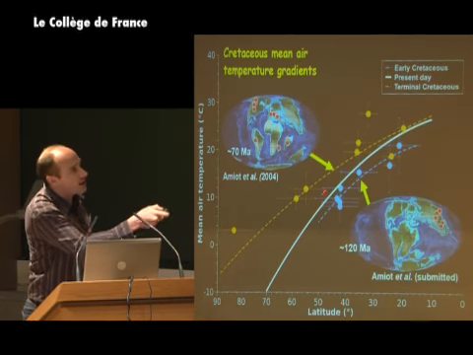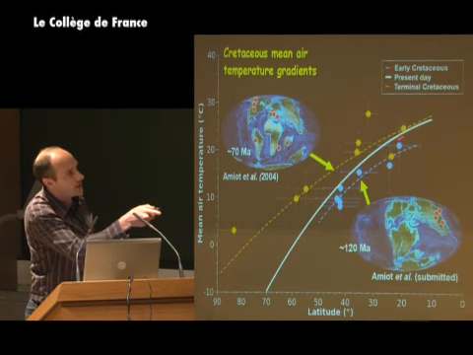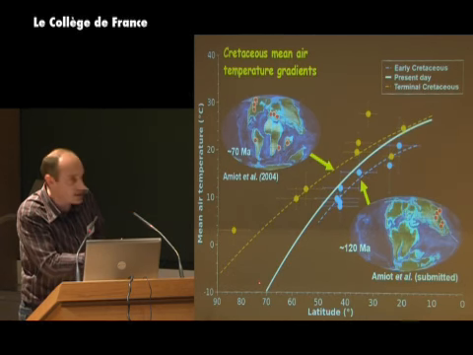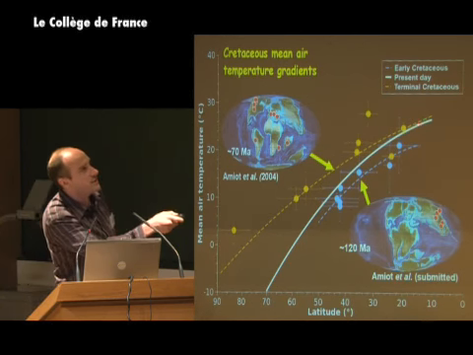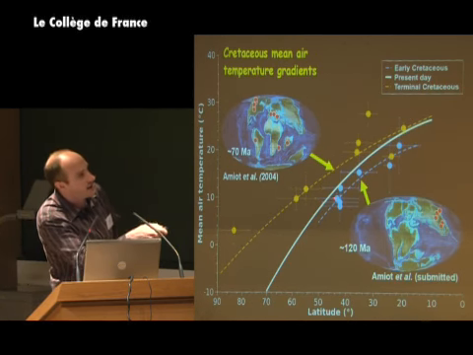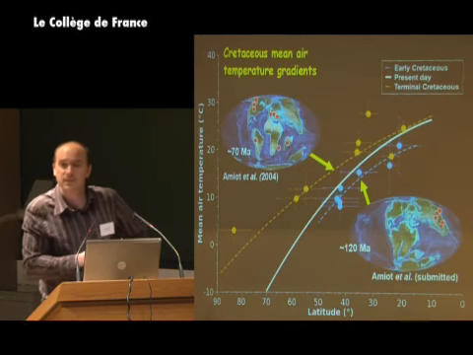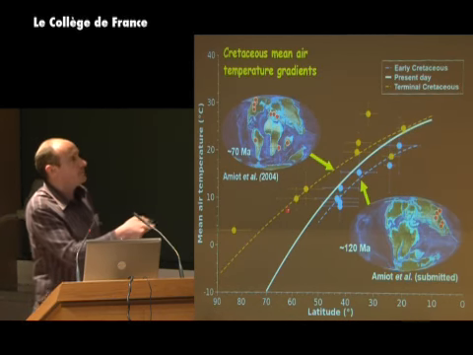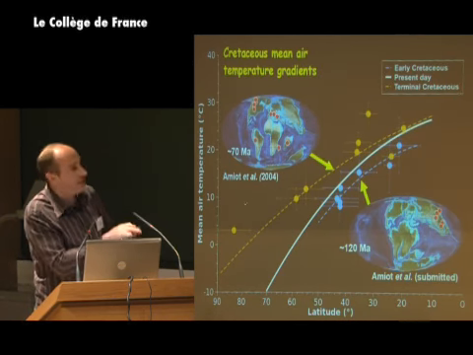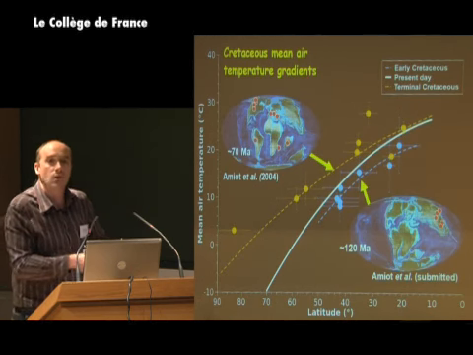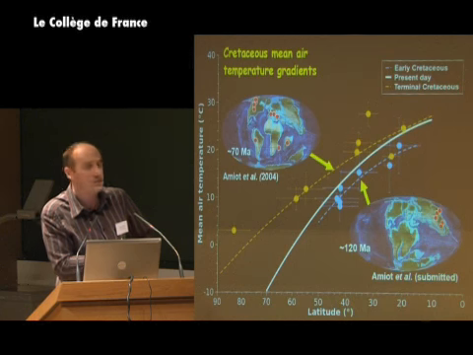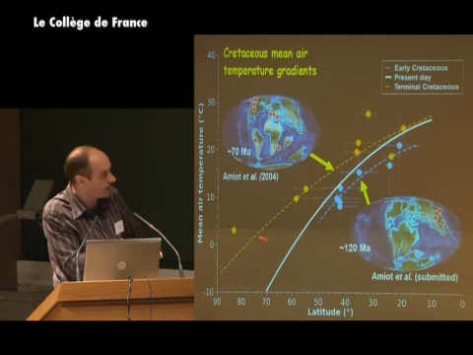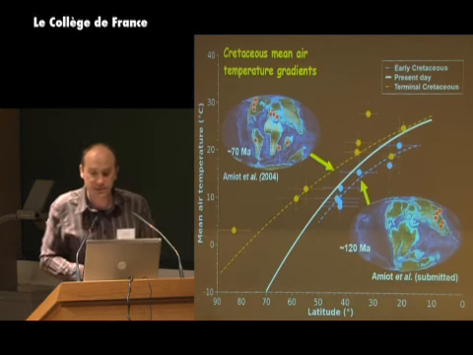You can see, compared to the present-day latitudinal temperature gradient, that during some parts of the Cretaceous, here the late Cretaceous, and here the early Cretaceous, sometimes around the Aptian, temperature in medium to high latitude were not so warm, and they could be also at very high latitude near freezing, especially during the early Cretaceous.